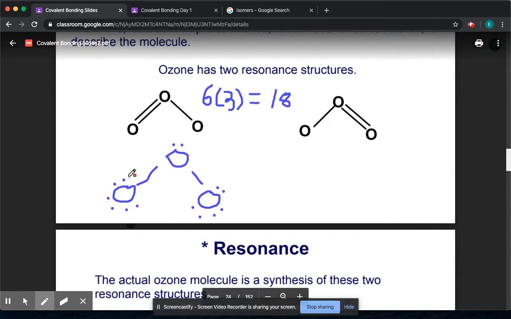If we get it from the oxygen on the left, these 2 electrons are going to go here, and you're going to get your double bond. If we put them there, you're going to end up with this.